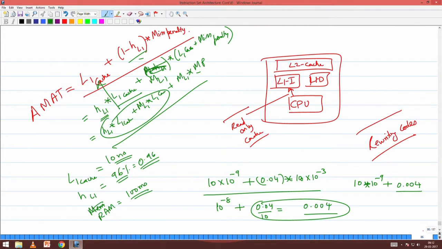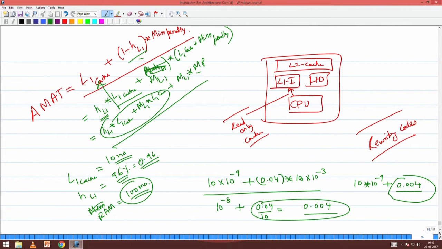So which is dominant here? This is still dominant, you are getting this, right? Even though this is 100 milliseconds and this is 10 nanoseconds, please note that this is still very dominant. Your 0.004 comes in, whatever, say 4 milliseconds. If everything is fetched from memory, it is going to be 100 milliseconds per fetch.